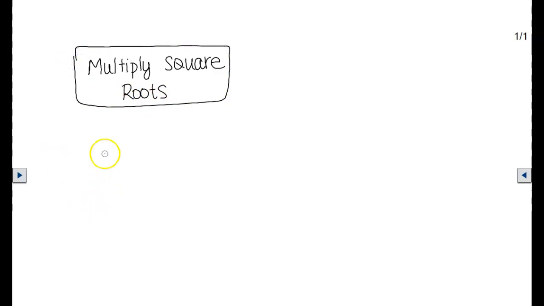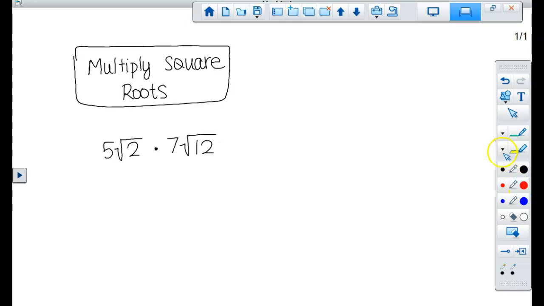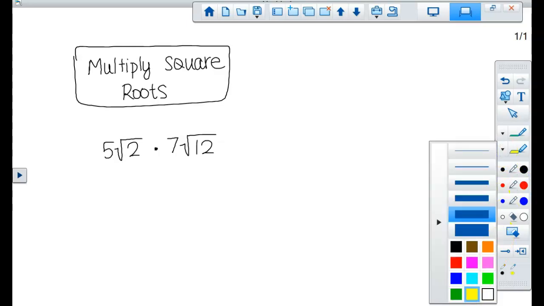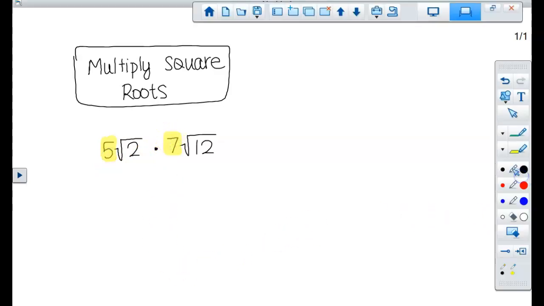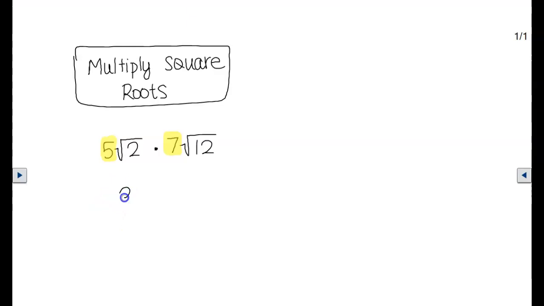So we have seen problems like 5 square roots of 2 times 7 square roots of 12. Now, to do that multiplication problem, we know that the first thing we do is we do the outside times the outside. 5 times 7 is 35.